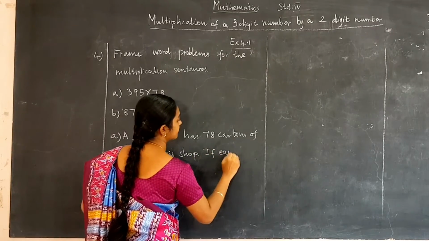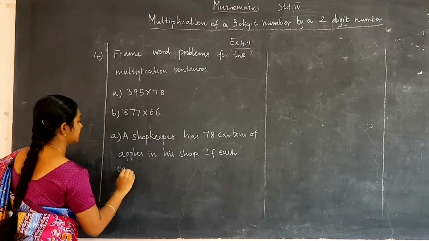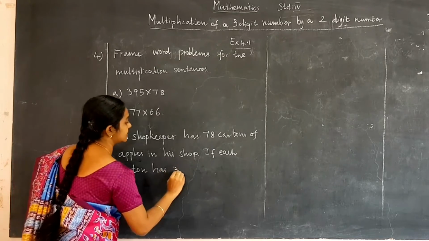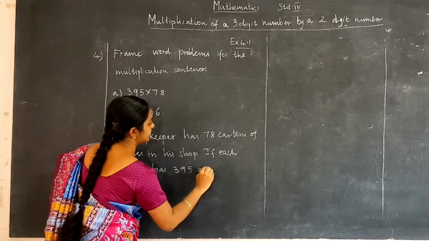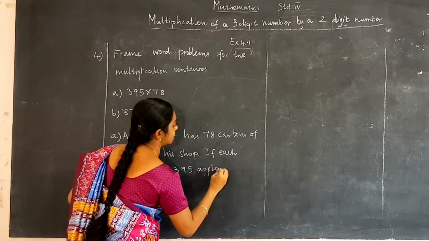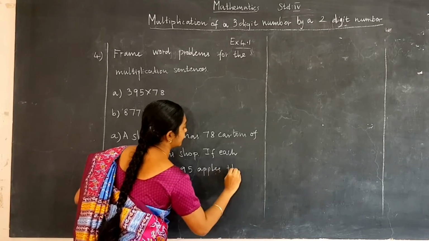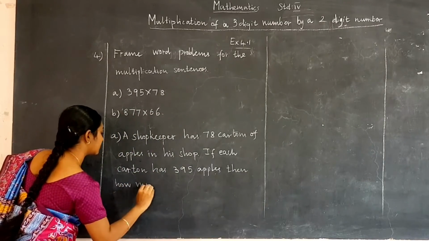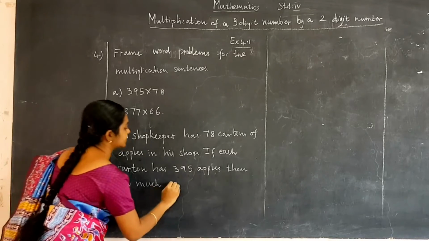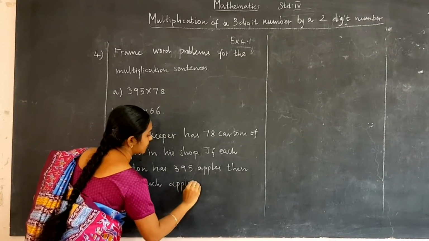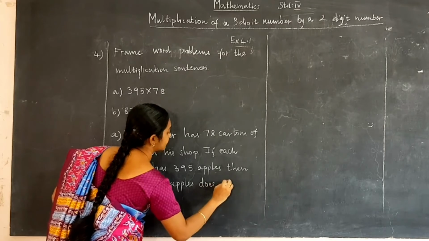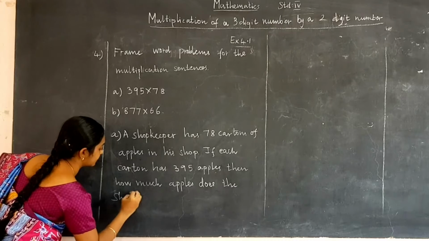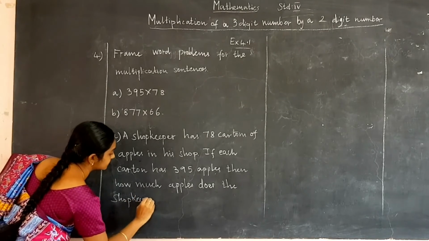If each carton has 395 apples, then how many apples does the shopkeeper have?